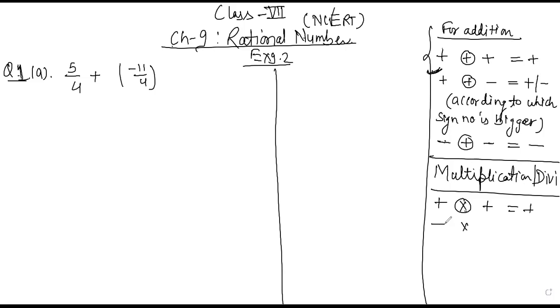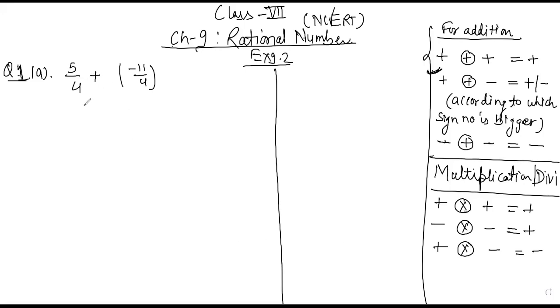And a minus number multiplied with minus, the answer will be again plus. But if plus is multiplied with minus, the answer will be in minus. There is no rule of which number is bigger or smaller. For division, the same thing will be there.